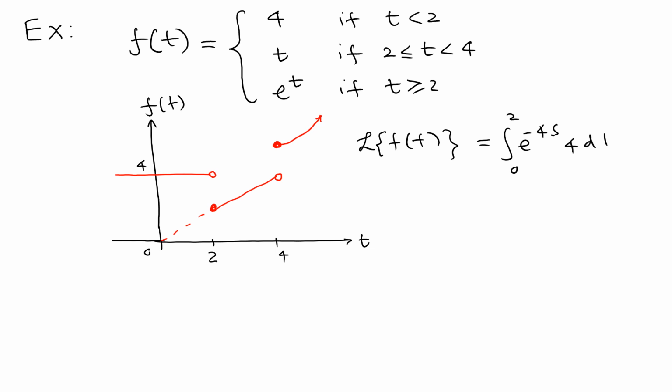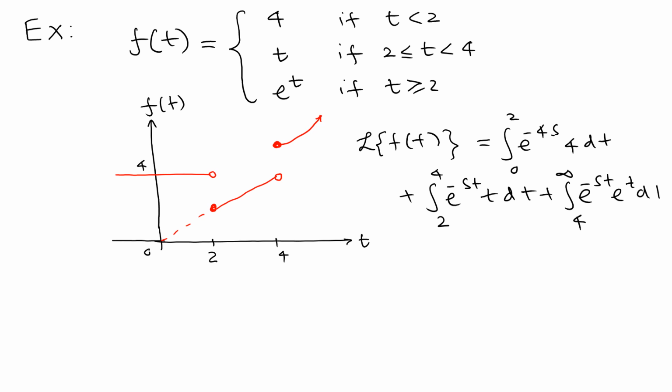That's the first part. And the second one going from 2 to 4, you get e to the minus st times t dt. And then finally you're going to go from 4 to infinity, which is e to the minus st times e to the t dt.